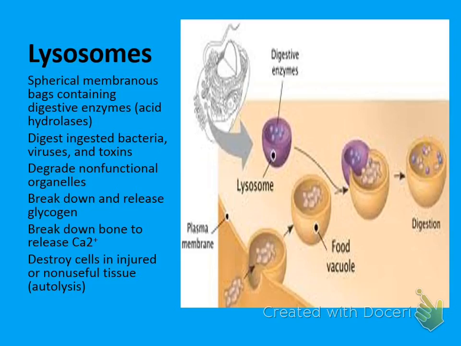They're a pouch of lytic enzymes. If they find something inside the cell that's not right, maybe an organelle that needs to be destroyed because it's getting old, they'll allow it to come in, combine it with the enzymes, and it basically dissolves those substances.